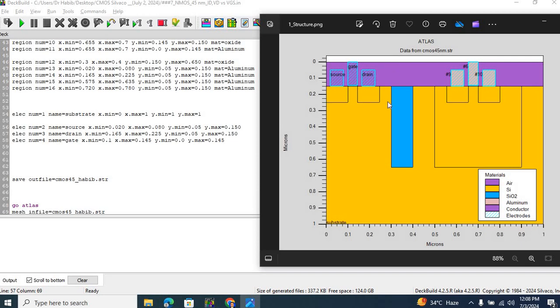In this case, I'm trying to look at the NMOS first, and then I want to look at the PMOS, as a proof of concept to verify the functionality of the CMOS inverter, initially for the short channel device and later for the long channel device. So basically I would define this contact as the source, this contact as the drain, and this contact as the gate for the NMOS of this CMOS inverter structure.